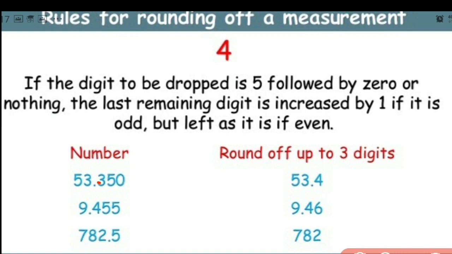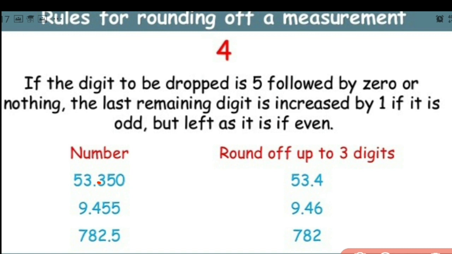Here also our requirement is 3 digits. So the number to be dropped is 5 followed by nothing. So you have to look at the preceding digit. Okay, preceding digit is which one? It is 5. So it is odd. So it is to be raised by 1. So it becomes 9.46.